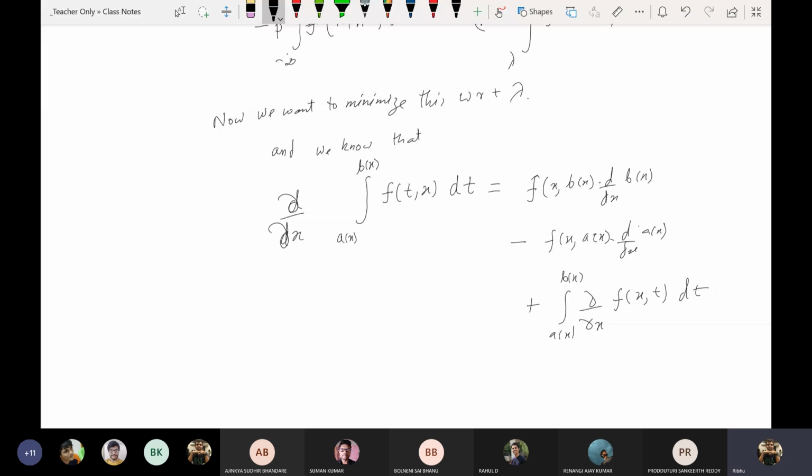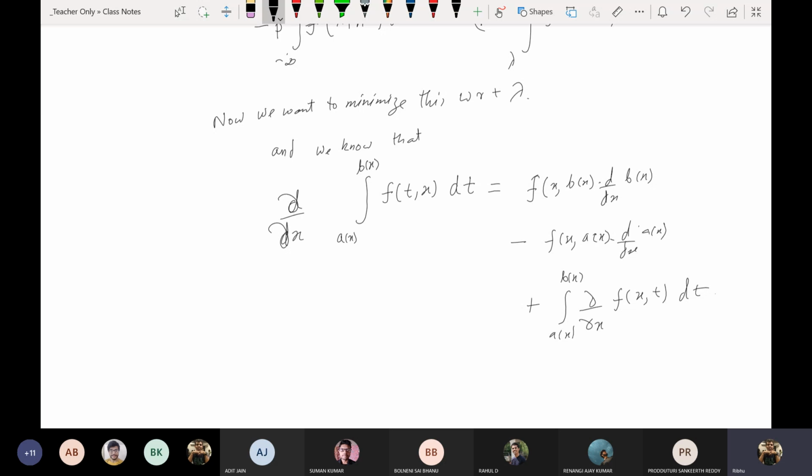Fine. So you have done this earlier, or this is the first time you are seeing this? Sir, we have done it earlier. Yeah, we have done this. Okay, so you know how to differentiate under the integral sign.